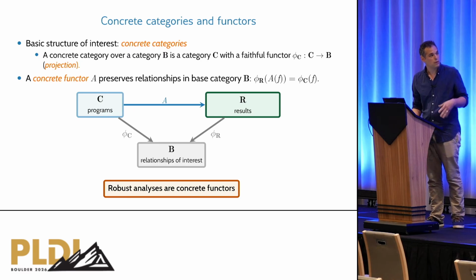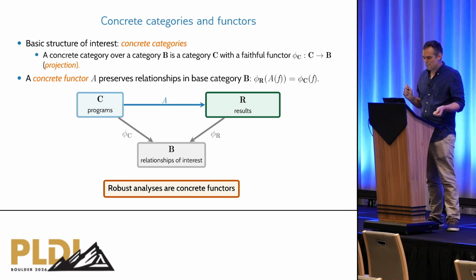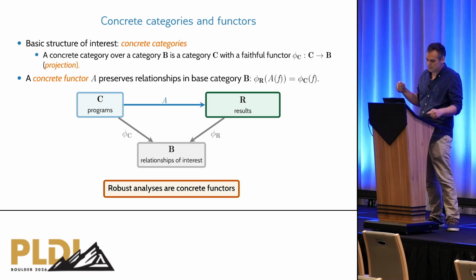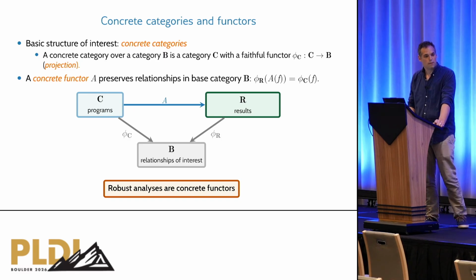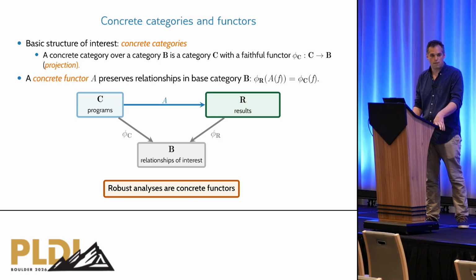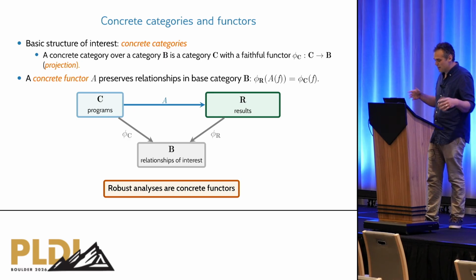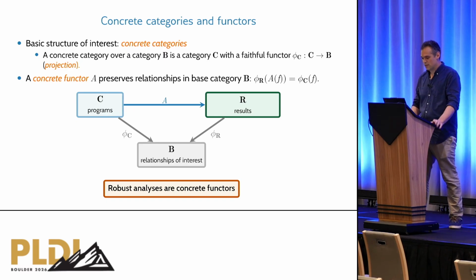So a concrete functor between two concrete categories is a functor between two concrete categories over the same base that commutes with projection. So every C arrow has a corresponding R arrow that both project onto the same B arrow. And now we can take this very abstract view that a robust analysis is just a concrete functor. So it's an analysis that preserves transformations, but we're using this highly abstract mathematical language.